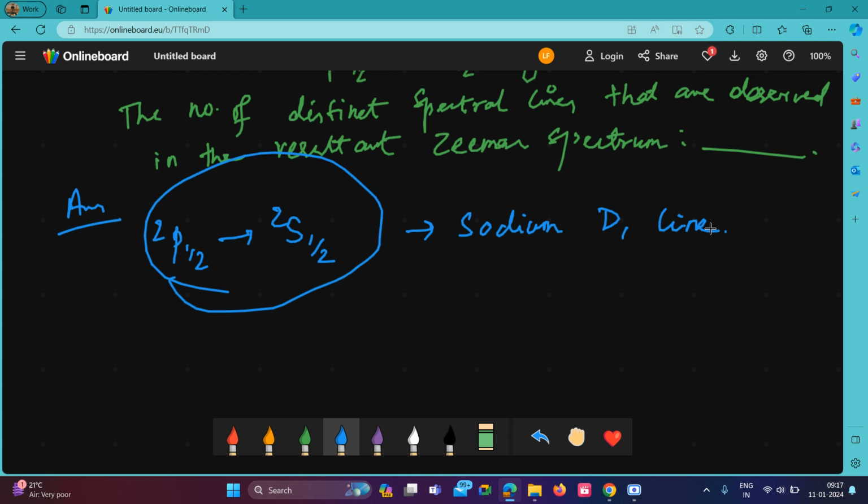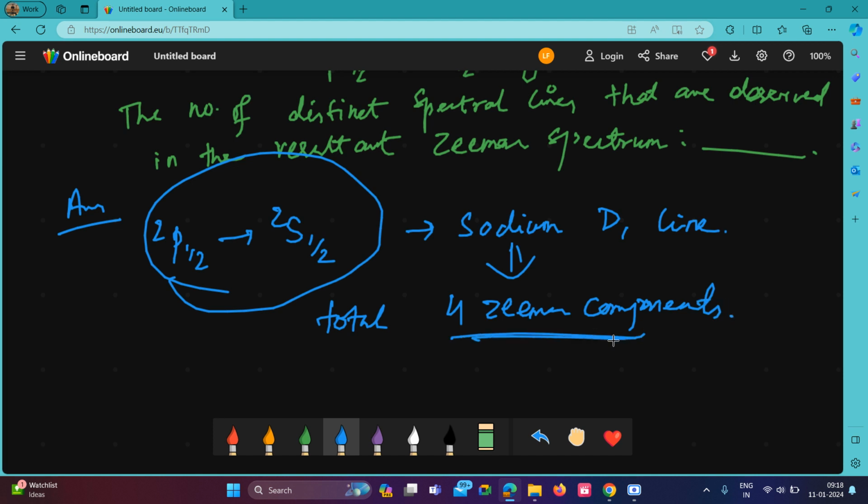The sodium D1 line has 4 Zeeman components only. This is what you have to remember: 2p1/2 to 2s1/2, the sodium D1 line, always has 4 Zeeman components. Such an easy question. The answer will be 4.